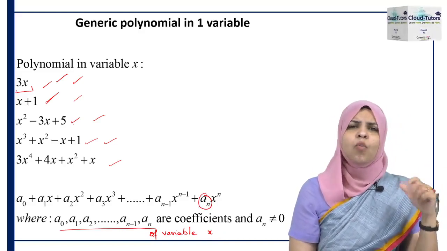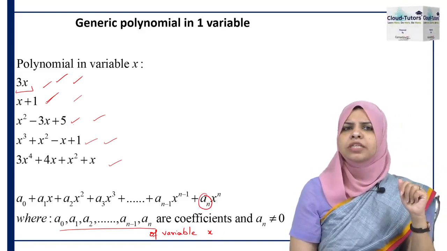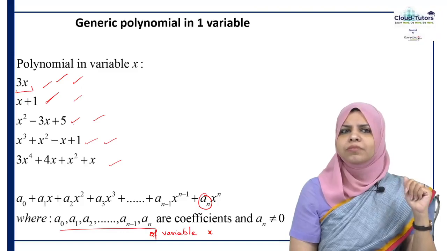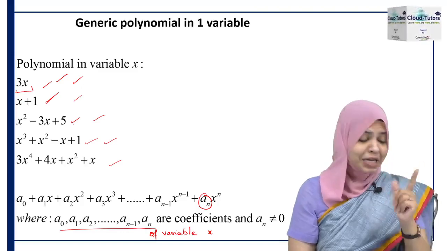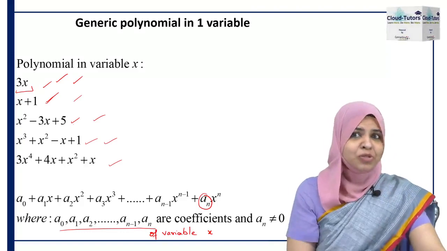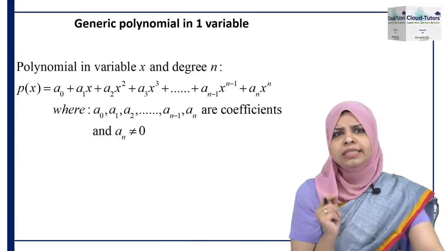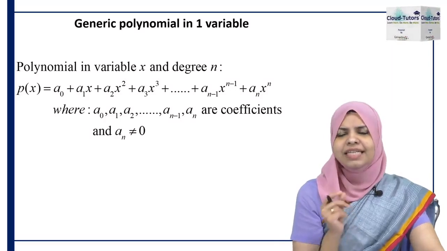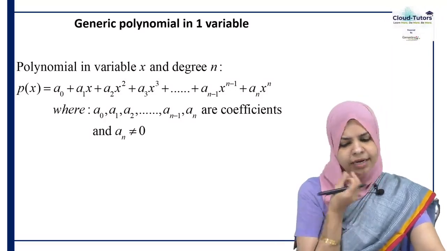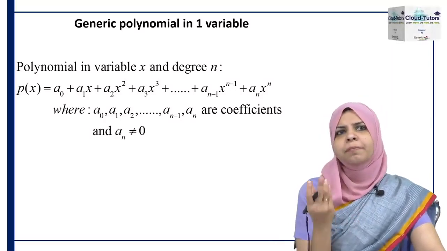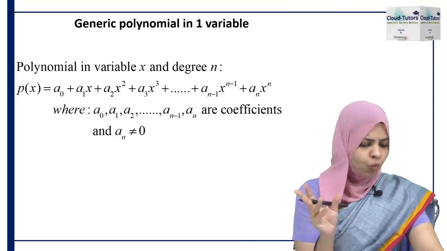Very important. What happens if it is equal to 0? Think about it. I will not give it out so easily. I want you all to think. What if it becomes equal to 0?